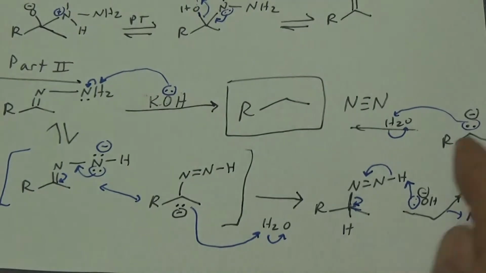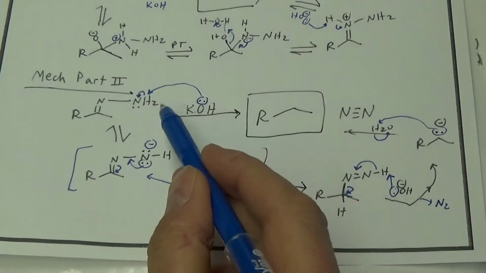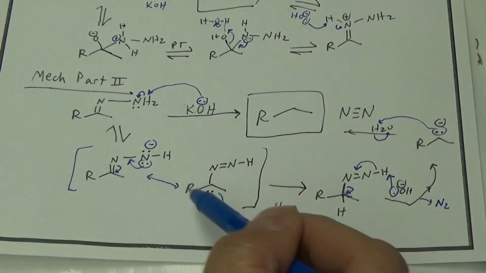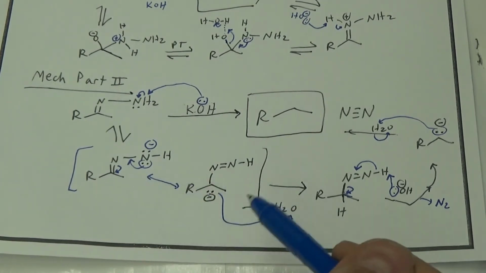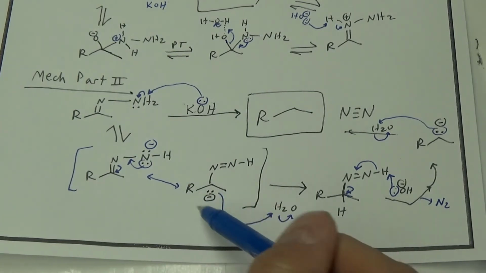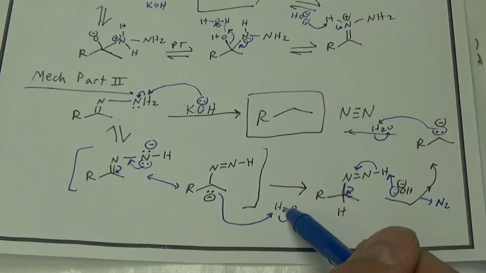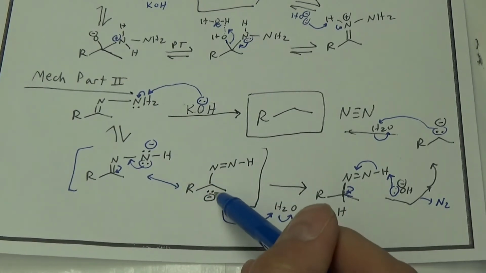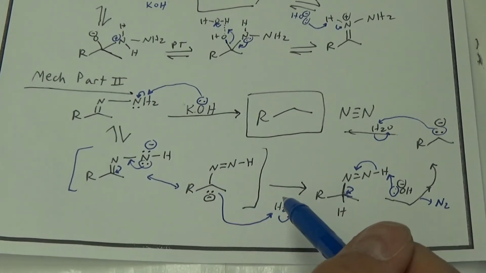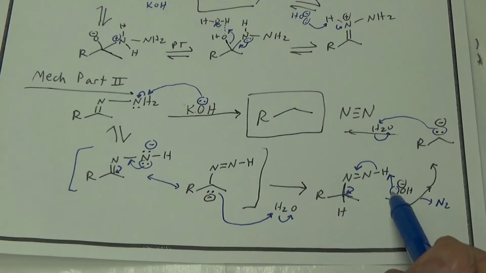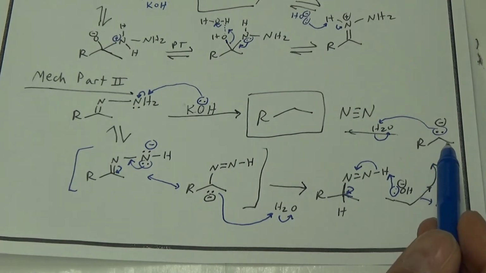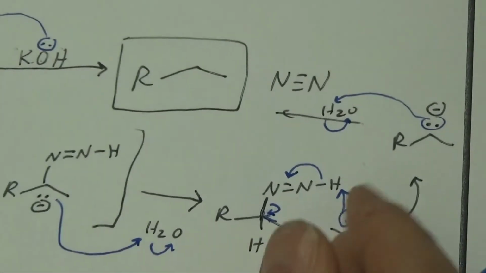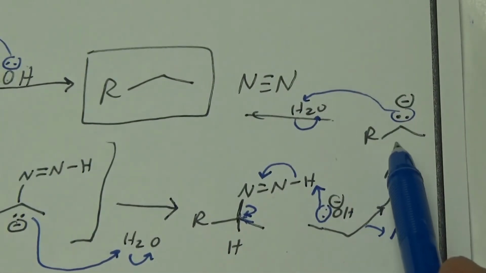So the net reaction is base takes proton. You make this resonating carbanion. It's not really that stable. That's why it's so eager to grab a proton from water, but it is in resonance. And then you do it again. This time nitrogen is displaced as N2. You get a free carbanion, totally unhappy. One of the unhappiest species in the universe.